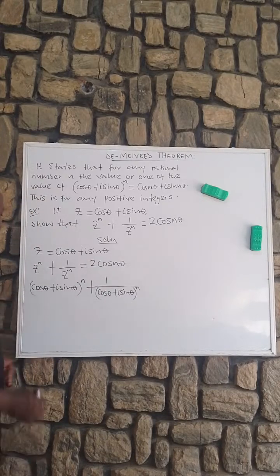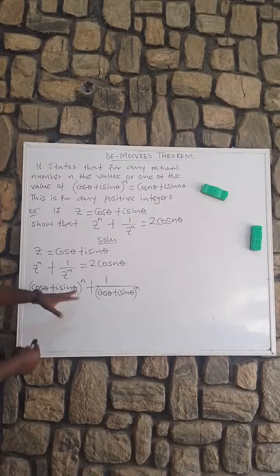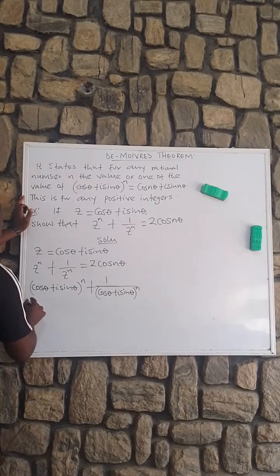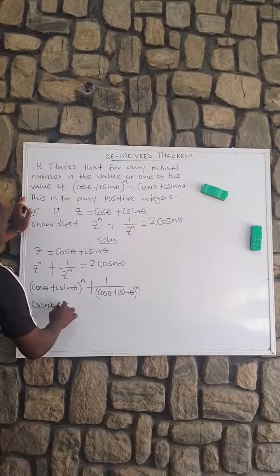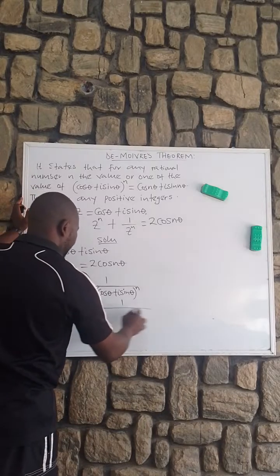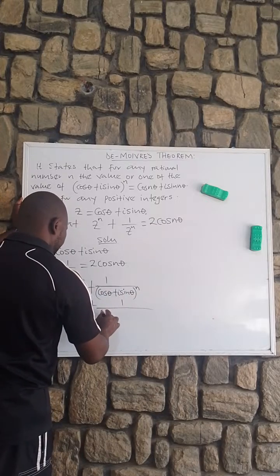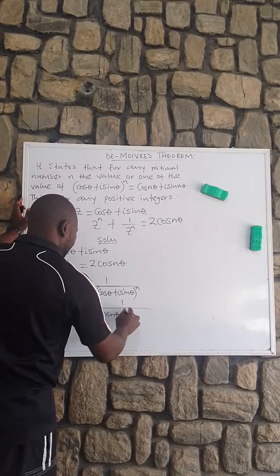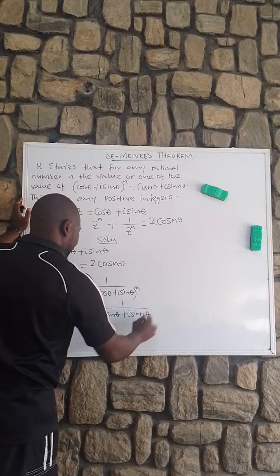So we have to establish De Moivre's theorem as it is now. This is going to give us cos n theta plus i sin n theta, true or false? Now what we have here, plus 1 all over cos n theta plus i sin n theta, true or false?